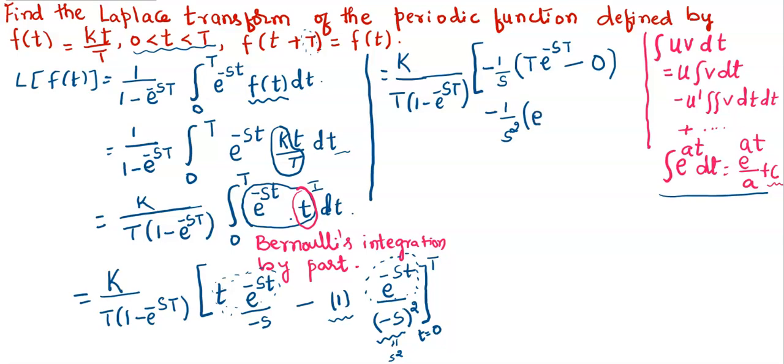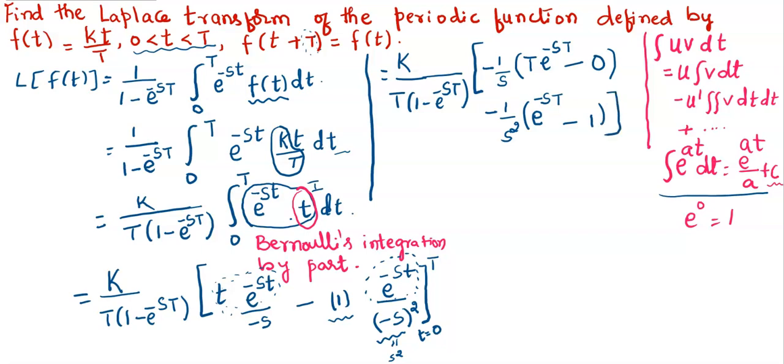Upper limit is T, so we are replacing small t by capital T, minus the lower limit. E to the power of 0 value is 1. When you apply the lower limit, minus s into 0 is 0, so e to the power of 0 value is 1.